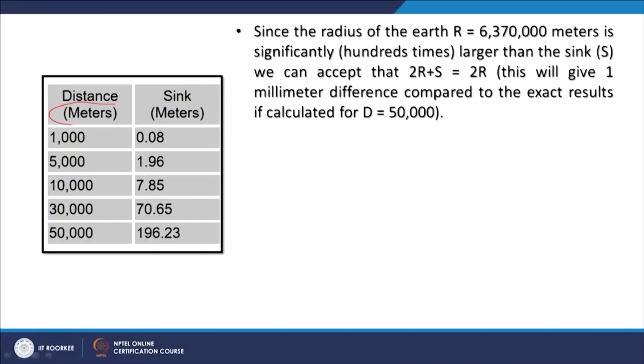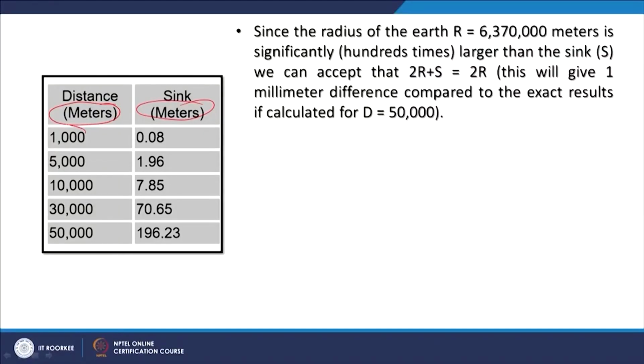The distances are shown in meters, the sinks are shown in meters, because then the curvature of the earth will play a very important role. Why the example of sea? Because no other hindrances are there. Of course, atmospheric conditions would definitely play an equally important role, but assuming everything is clear, only the curvature of the earth will matter.